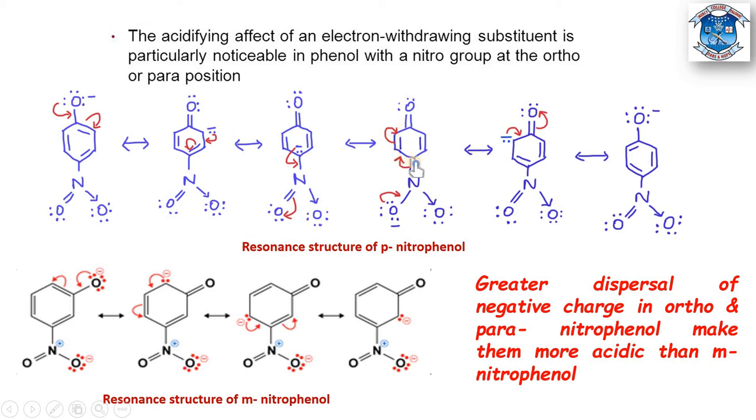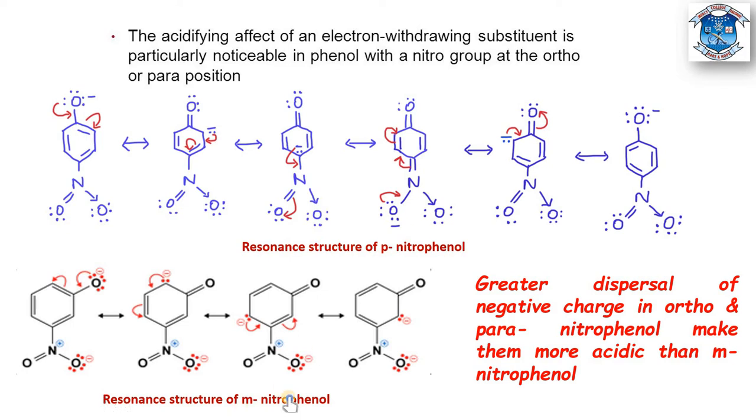The dispersal of the negative charge is not only over the benzene ring, but it also spreads out to the nitro group in the para position. Same is the case if the nitro group is on the ortho position also. That means it stabilizes the phenoxide ion more.